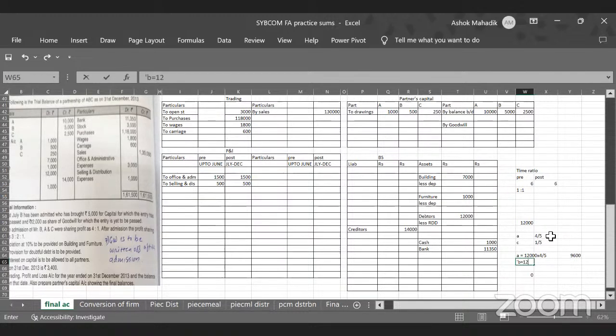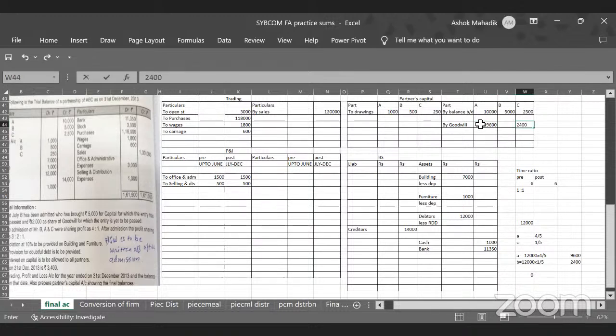He will get 12,000 into his share, which is 1 out of 5, so 12,000 into 1 divided by 5 is 2,400. So I have shown you the simplest way. When a new partner brings in goodwill, it is to be given to the old partners for their hard work over the years they have done. Clear? So A will get 9,600 and C will get 2,400.